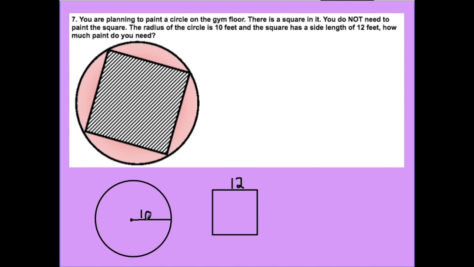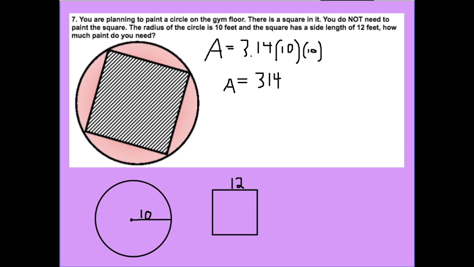All right, so we have enough information here, right? We need to find area because we're painting inside of it. So area of the circle, pi times radius times radius. So pi times 10 times 10. And we go ahead and multiply that out. We get 314.